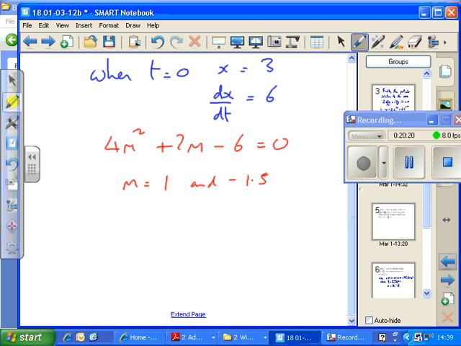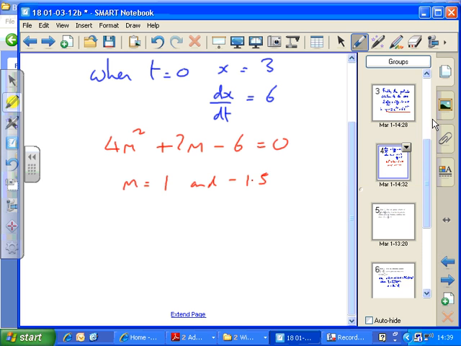What we're using is our variables here, x and t. So x equals a e to the t plus b e to the minus 1.5t. Now we need to put in our initial conditions, so have a go to find the values of a and b.